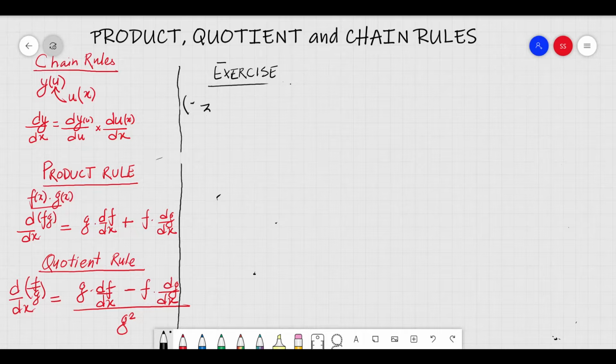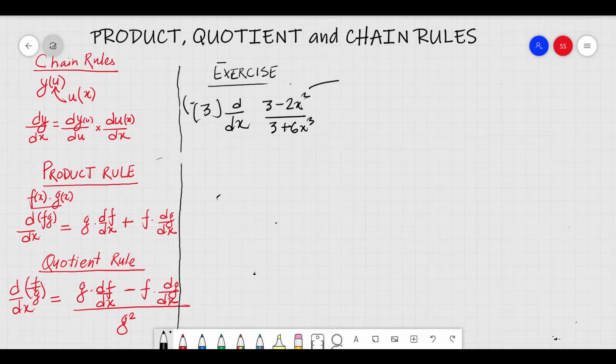Example number 3. Let's say we have to find the derivative of the function (3 minus 2x cubed) divided by (3 plus 6x cubed).